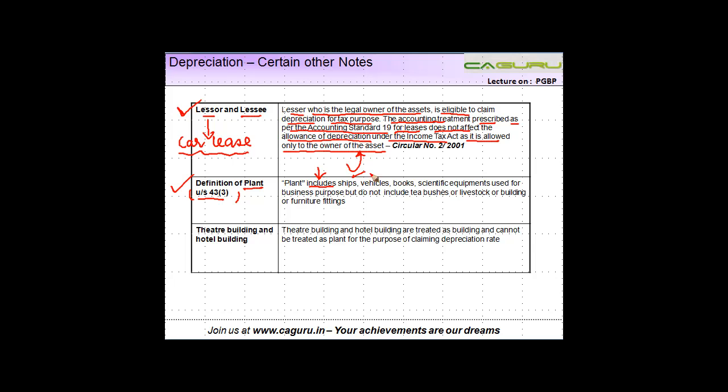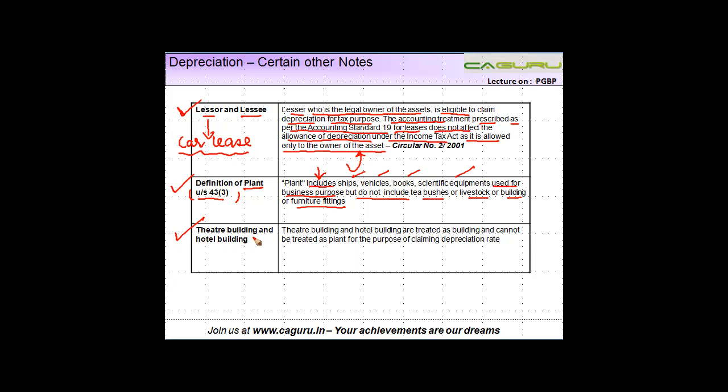Plant includes ships, vehicles, books, scientific equipments used for the business purposes, but do not include tea bushes or livestock or building or furniture fittings. So basically, depending on the nature of business, there could be other things also which may be included within the definition of plants. All these terms are self-explanatory, so I'm not getting into the details of this.